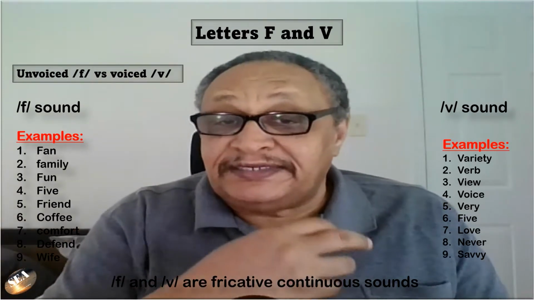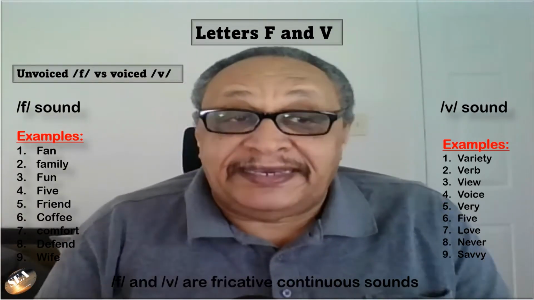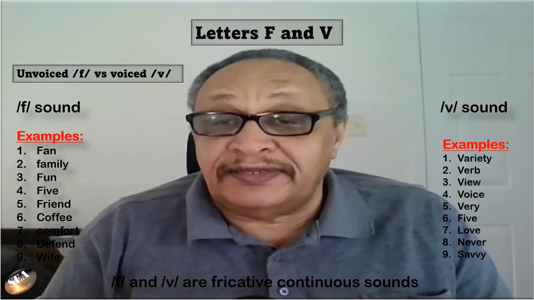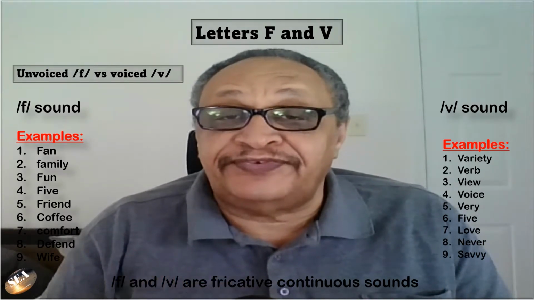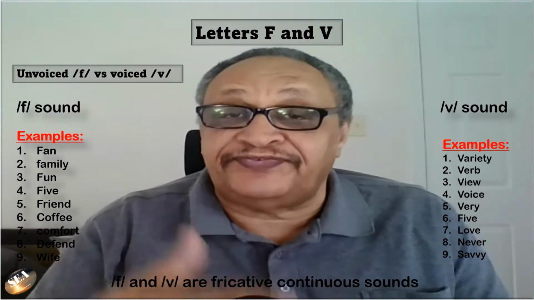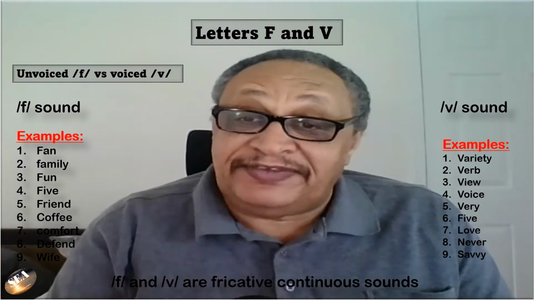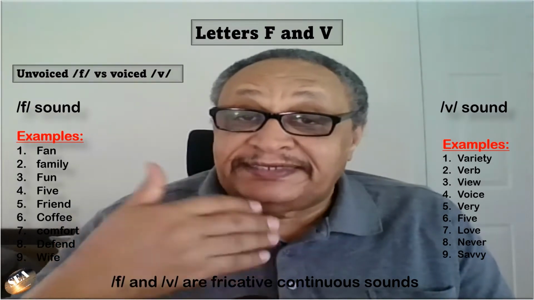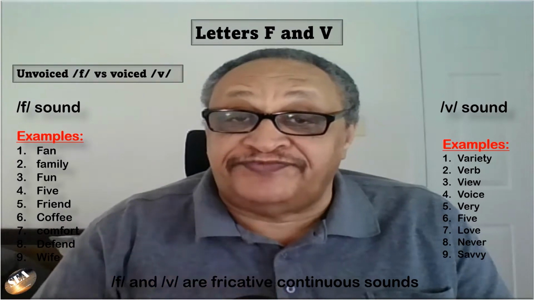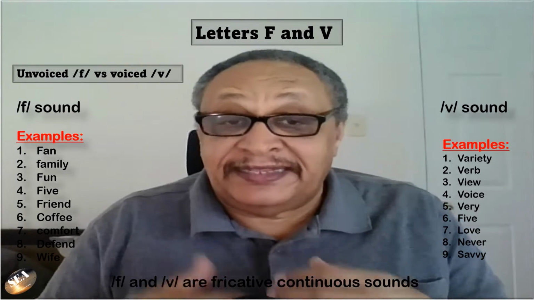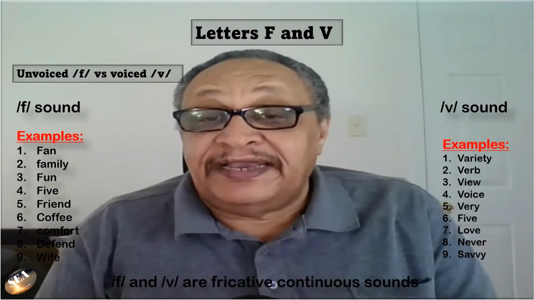You can say it in a continuous manner, like F. The F sound is F. The V sound is V, and we can say it continuously for a long period of time. This is why we say that they are fricative and continuous.